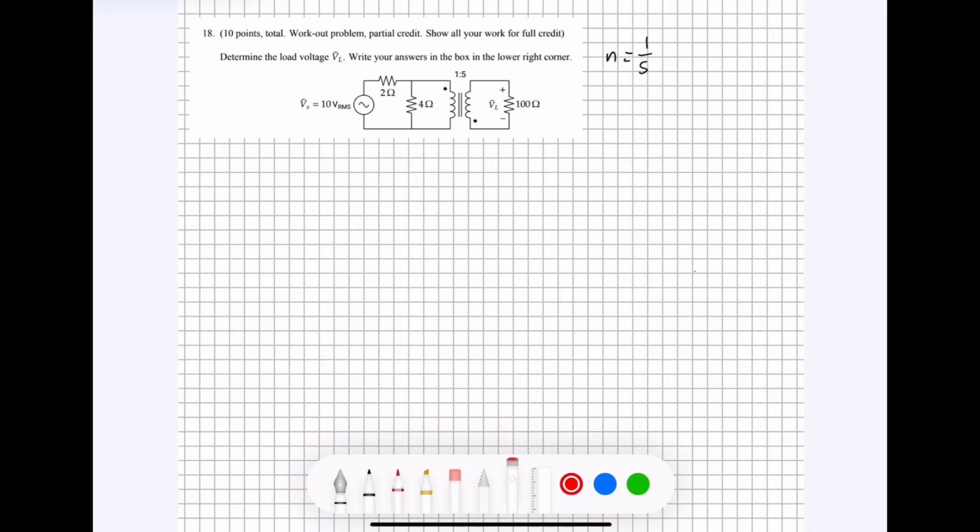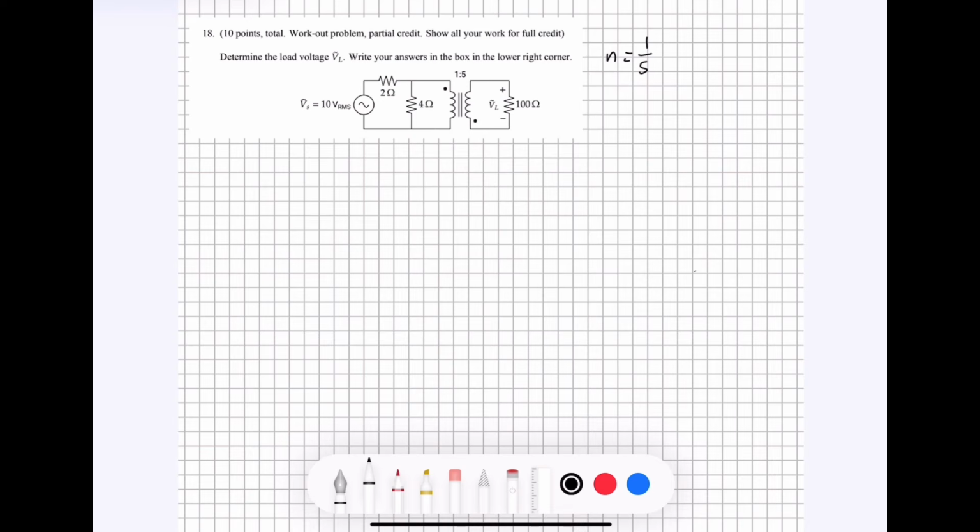We only have one impedance or resistance value on the secondary side, so what is easiest is to move this over and see if we had an equivalent circuit, a circuit that behaved the same way, but just had a resistor value right here instead of this transformer. What would that circuit look like?